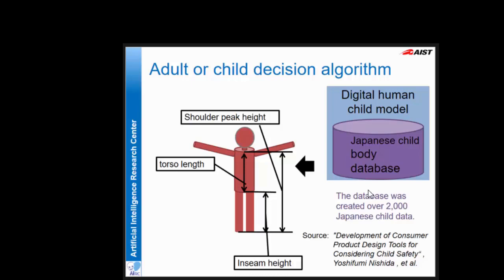When the system detects a person, the length of the torso is calculated by shoulder peak height and inseam height, and using a digital human child model, it estimates the age from the length of this torso, and decides if the person is an adult or a child.